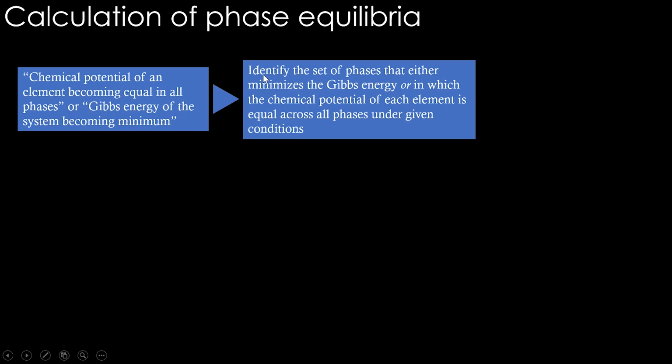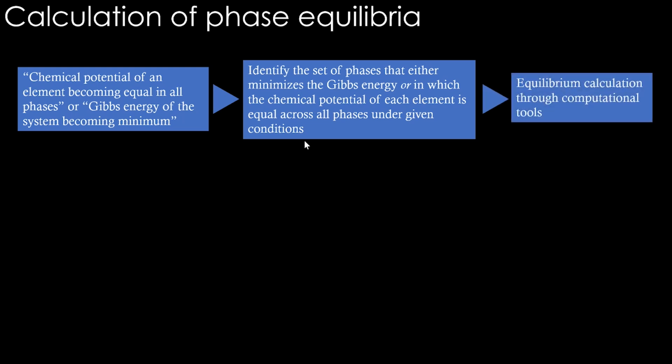And what basically is done in the calculation is this: identify the set of phases that either minimizes the Gibbs energy or in which the chemical potential of each element is equal across all phases under given conditions. So we know what we are talking about, and this is done in the software. It's called equilibrium calculation through computational tools.